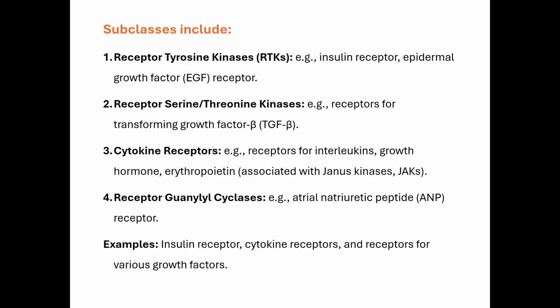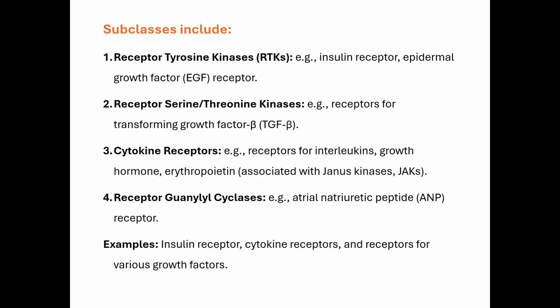There are quite a number of examples here of drugs that use this type of receptors and the receptor subtypes. Among the receptor subtypes, we have the tyrosine kinase receptors, where insulin usually works, and certain growth factors also tend to bind to these tyrosine kinase receptors.